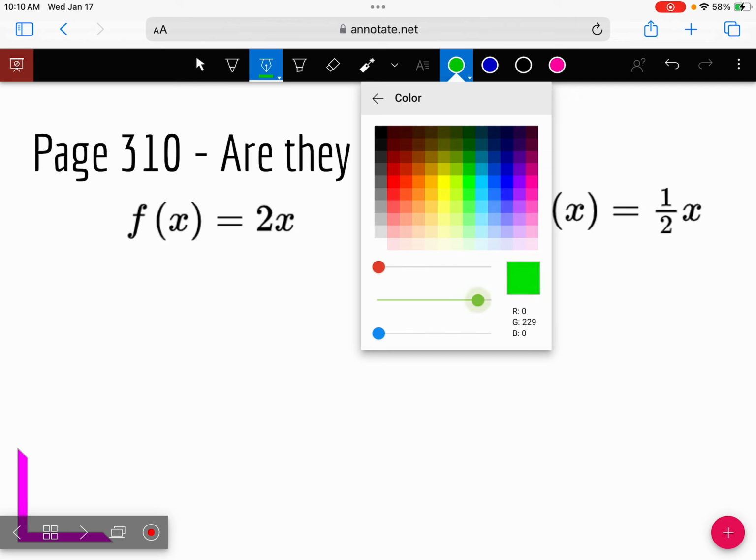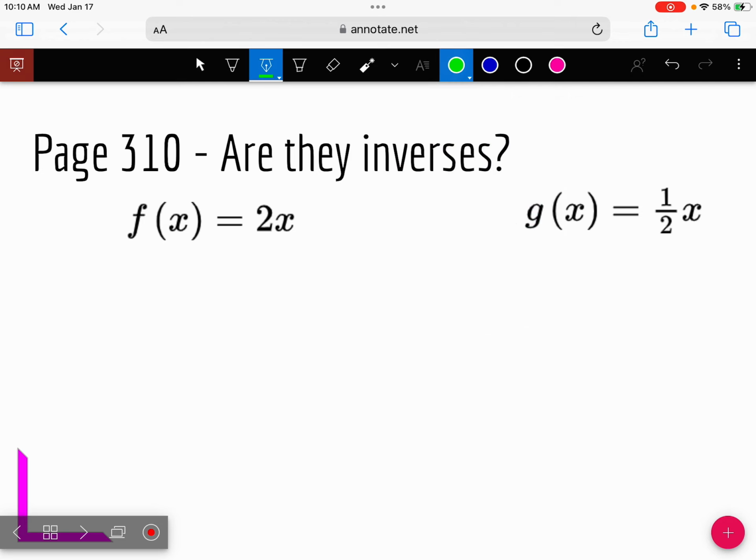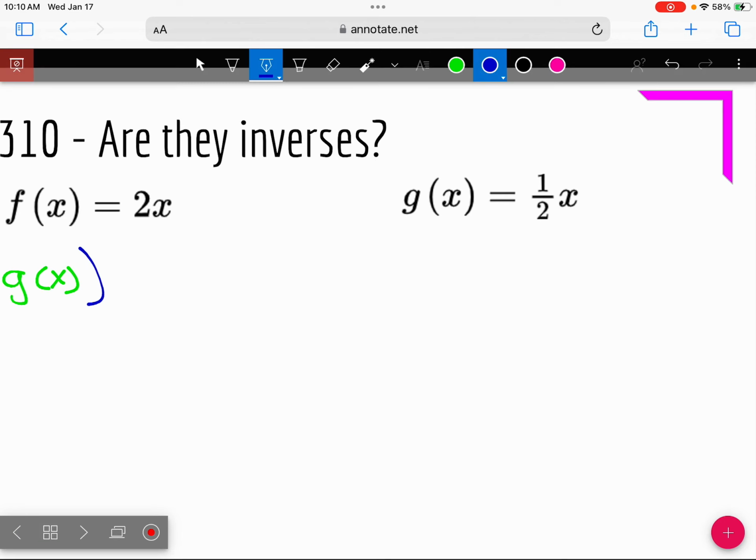So what I'm going to start with is doing my f of g of x. And we're going to do our g of f of x. We're going to do both.